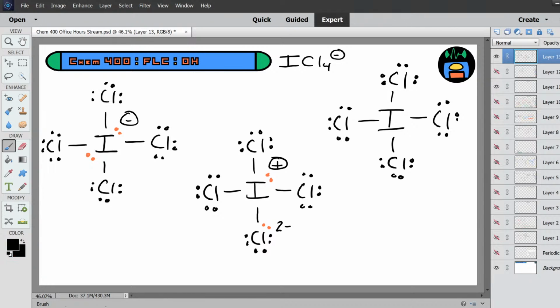If we do that, then iodine would have a charge of +3, and then each chlorine would have a charge of -2.